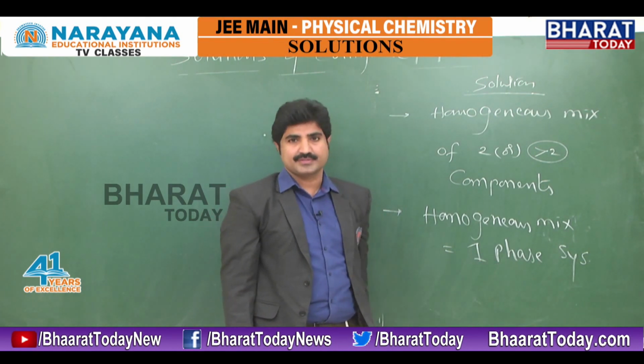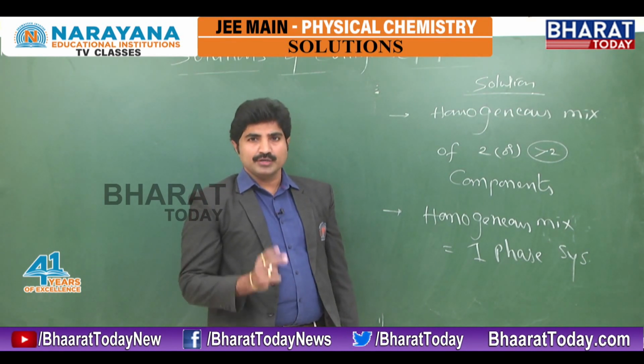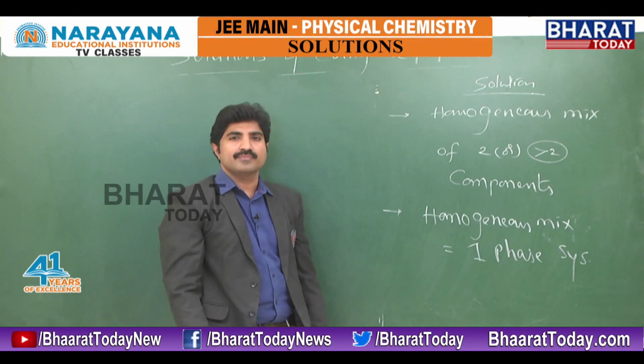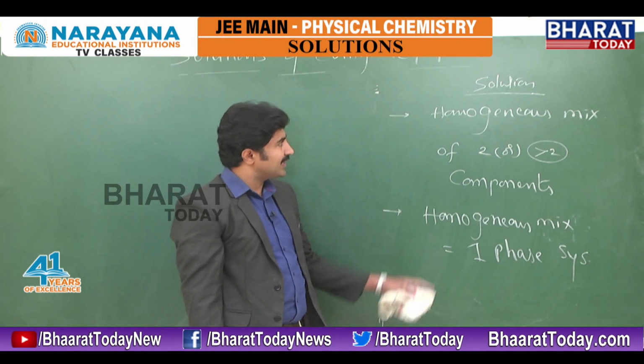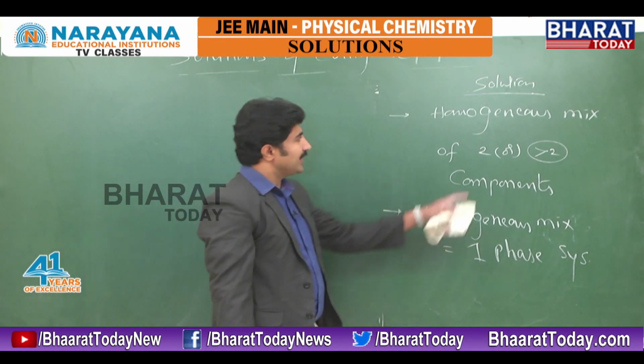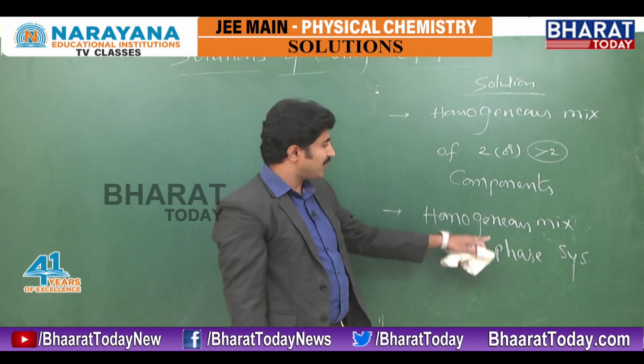That is called a phase. A one phase system is called a homogeneous system, and a system of two or more phases is called a heterogeneous system. So if you want to study a true solution, it must be a homogeneous mixture, with only one phase.